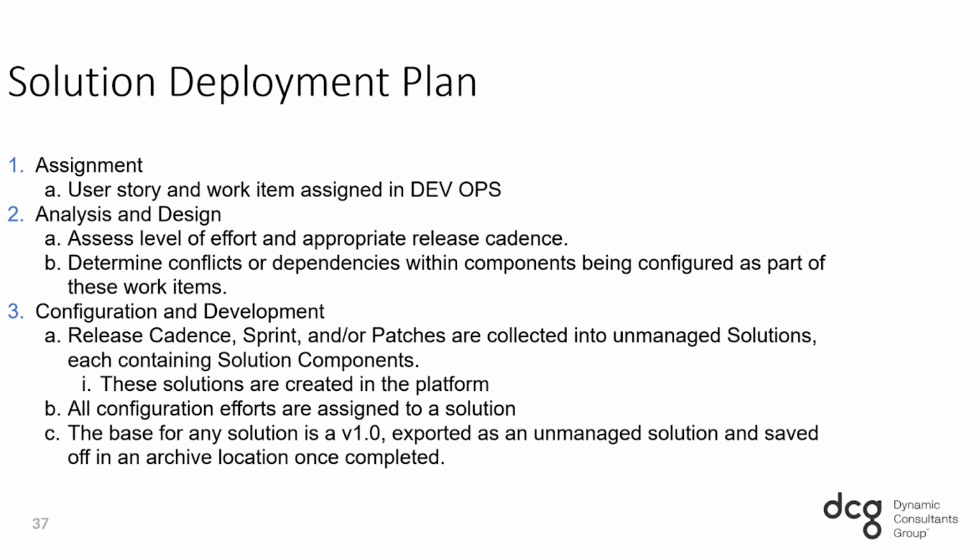And then in the DevOps ticket, I update what solution that work is a part of. And then the base solution for any solution is version 1.0. And then I would save that in an archived location once completed. That would be the basics of a manual solution deployment process, right?